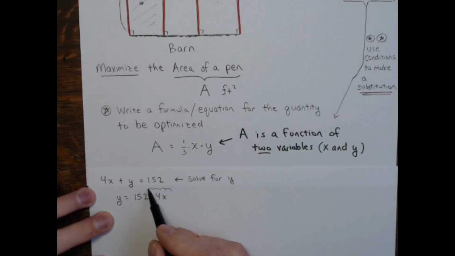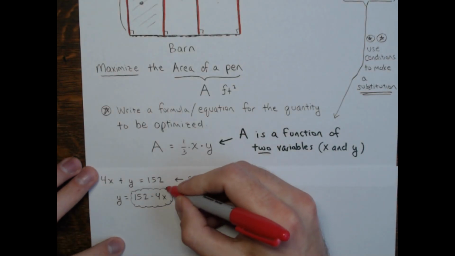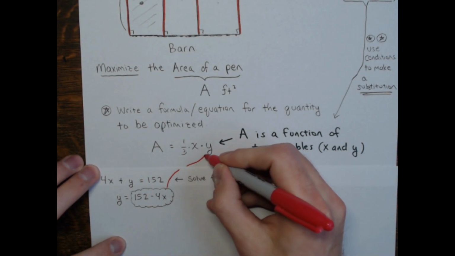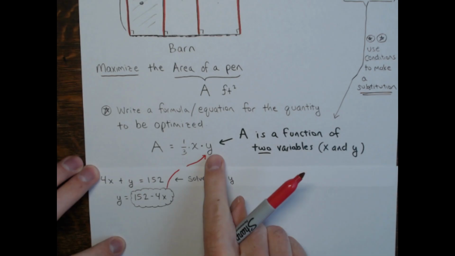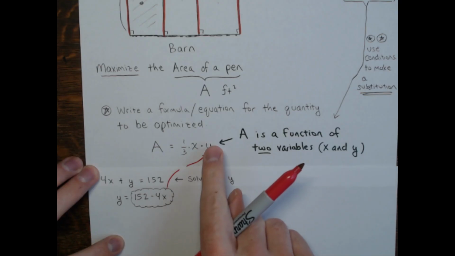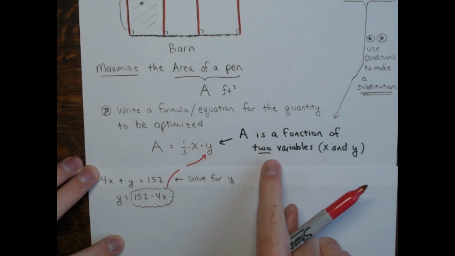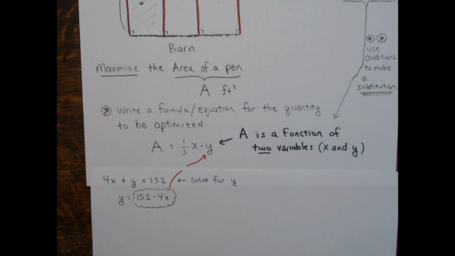And then this expression, 152 minus 4x, I'm going to substitute into my area formula. So replace this y here with the quantity 152 minus 4x, and that's going to turn my function of 2 variables into a function of 1 variable.